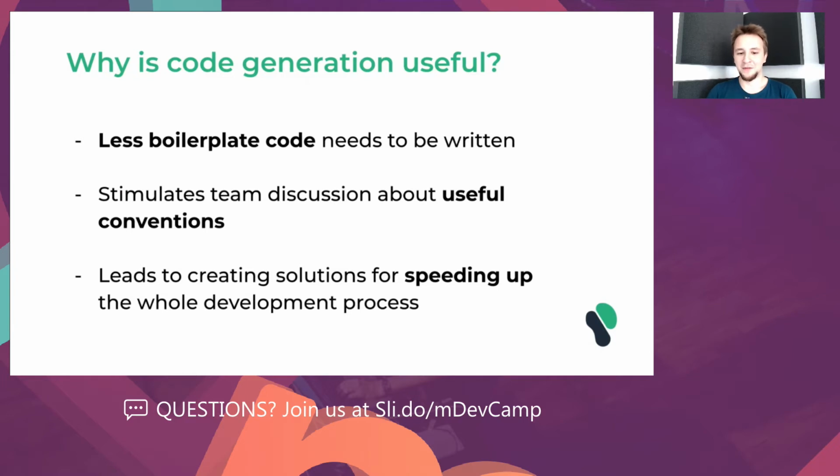The first thing is that when a team of developers begins to think about how we can generate more code, this can naturally lead to team discussion about useful conventions. Of course, usually there are some guidelines, like coding guidelines, which can be detailed to various extents. But here we are really talking about very detailed conventions that can make a lot of this boilerplate code generable.